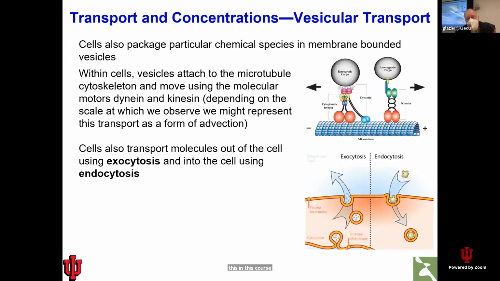The other kind of active transport that you get in biology, again, is something that's very specific to biology, which is vesicular transport. Cells will package particular chemical cargoes in lipid vesicles. Those vesicles will have molecules on their surface that bind them to particular molecular motors, things like kinesin or dynein, and then those vesicles will be actively transported along the microtubules in the cell.